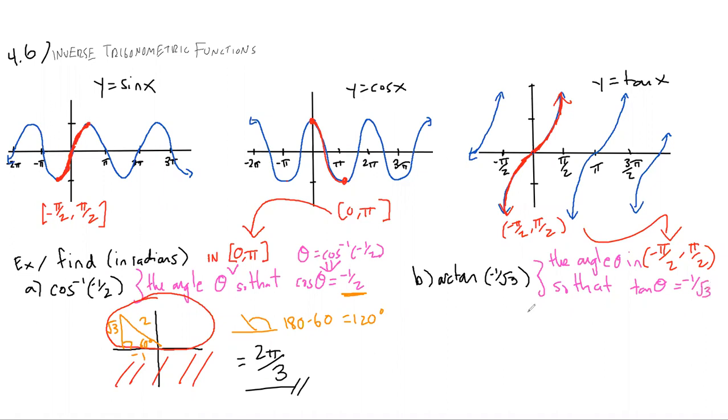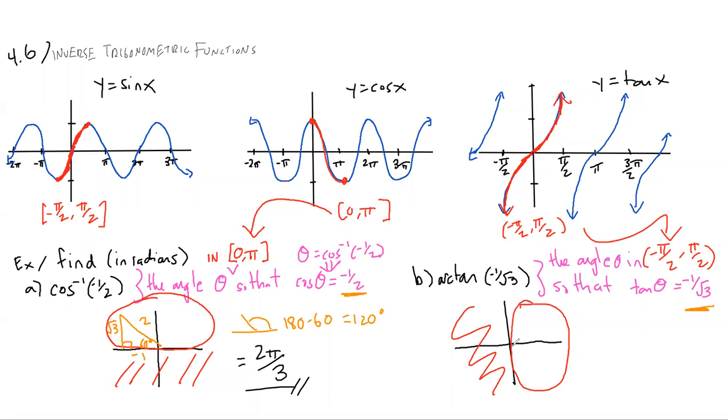Same idea. I want to be in that restricted domain of -pi/2 to pi/2. So that would go from here to here. It's my right side of the graph. I don't want to use the left. And then I want a negative tan ratio, so that means it's going to go on the bottom.